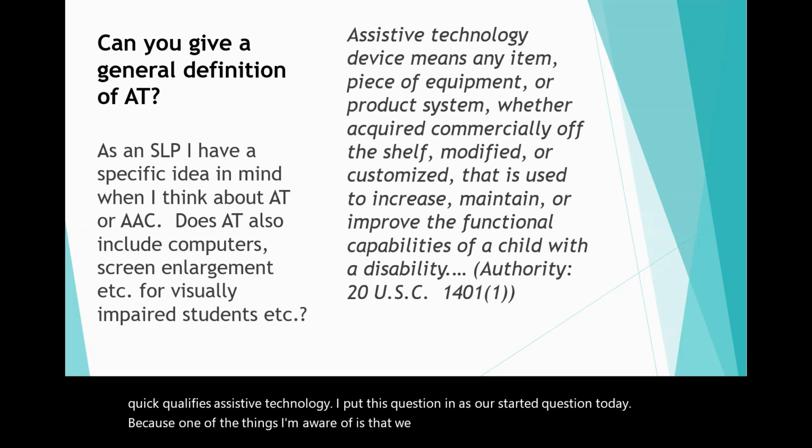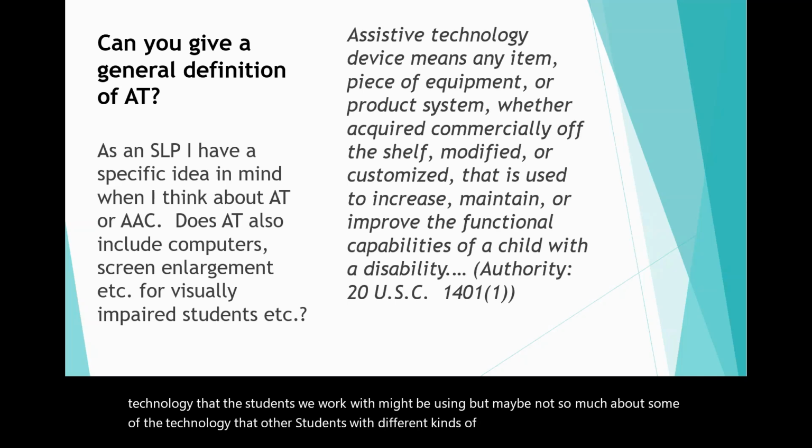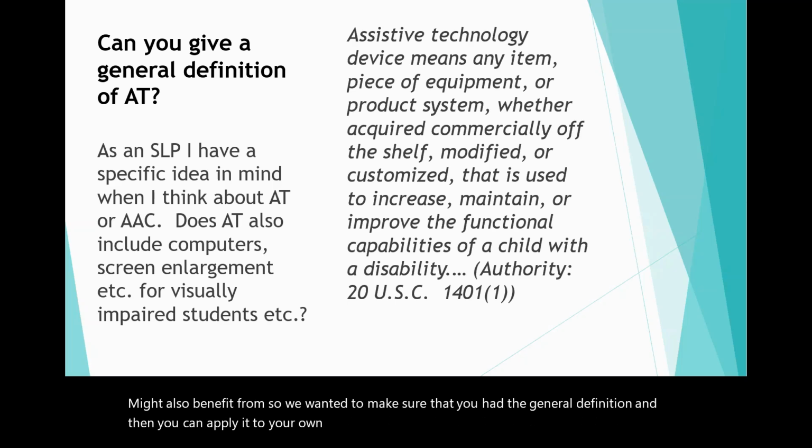We tend to know a lot about the assistive technology that the students we work with might be using, but maybe not so much about some of the technology that other students with different kinds of disabilities might also benefit from. So we wanted to make sure that you had the general definition, and then you can apply it to your own situation and your own students.